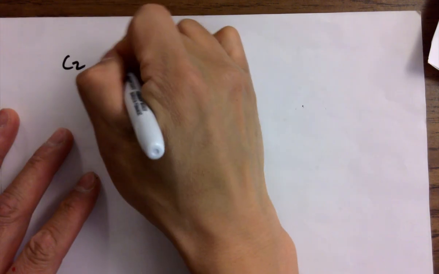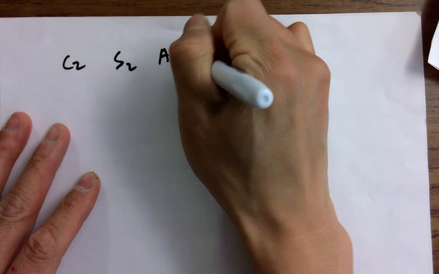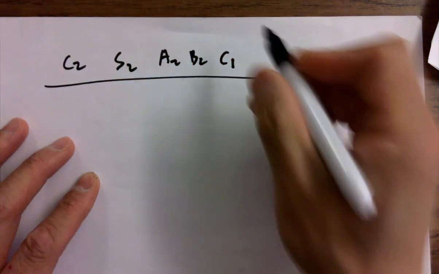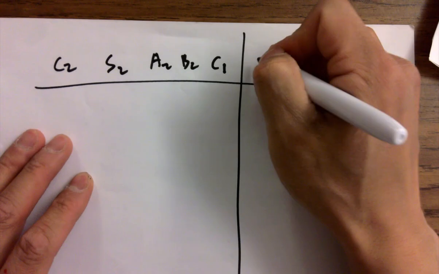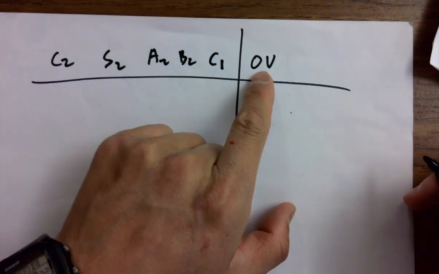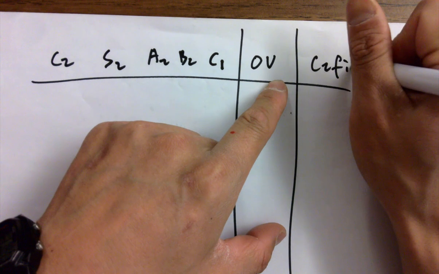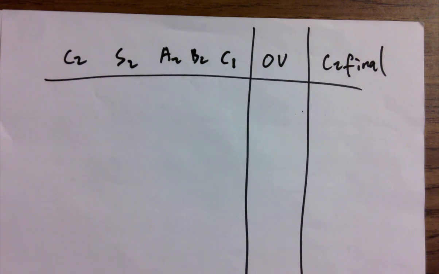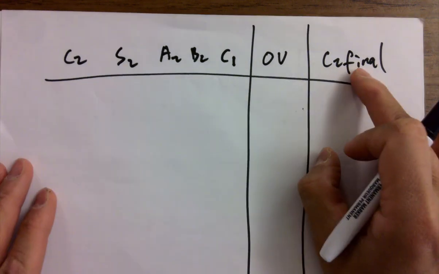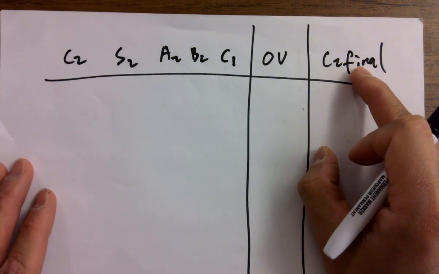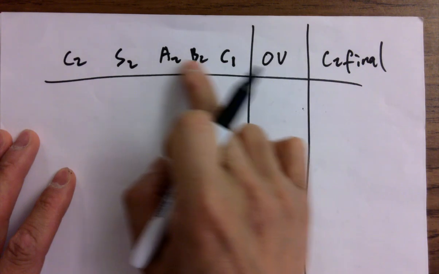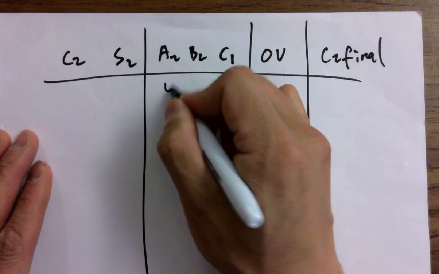If that overflow indicator bit is on, then we do this. If it's off, we do something else, right? This is something we need. And now we list all the bits A2, B2, C1. And these are the inputs, right? Outputs, we do an overflow indicator. What else can we do? The final result is going to be C2 final. That's the one we want to use for the 4-bit output, and this will be serving as the MSB for the final result, right? So for these numbers, we could simply list all the combinations.